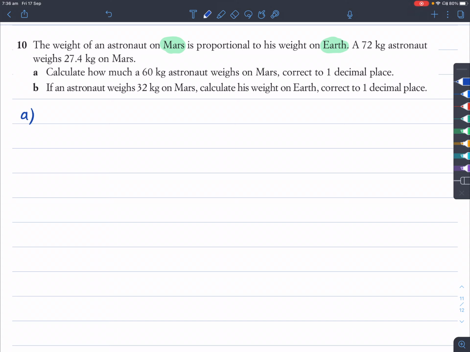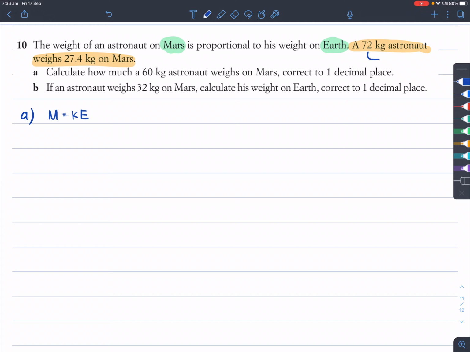So for part A, we'll find out the equation first, where weight on Mars is directly proportional to weight on Earth. Okay, so we're going to find out K now, and we do that by substituting something we know about Mars and Earth. So a 72 kilogram astronaut weighs 27.4 kilograms on Mars.